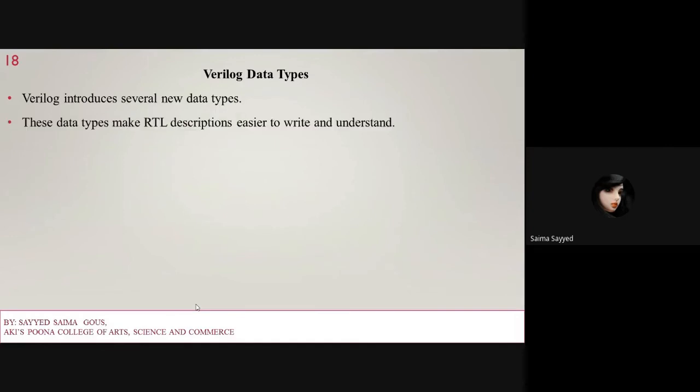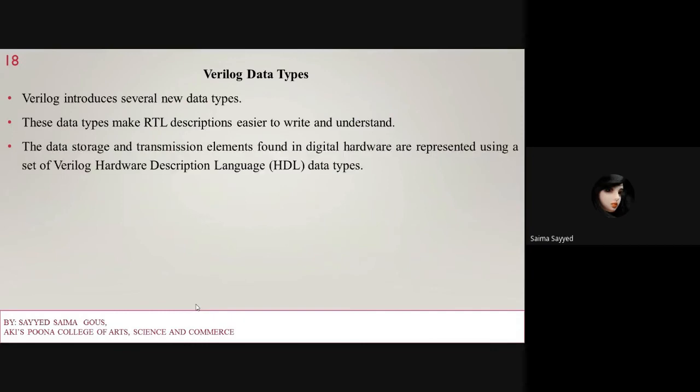Next, what are the data types? Verilog includes several new data types which are used to write and understand the code, and they make the RTL description easier to write and understand. The data storage and transmission elements found in digital hardware are represented using a set of Verilog hardware description data types.